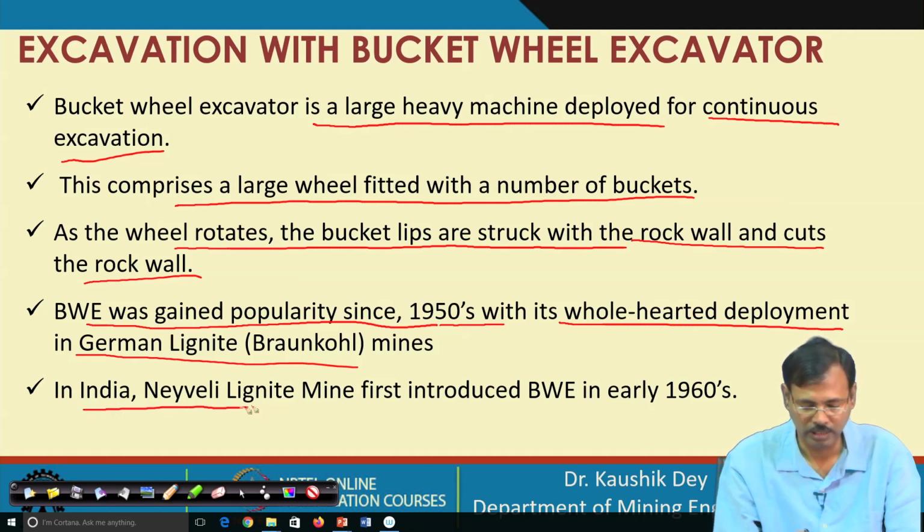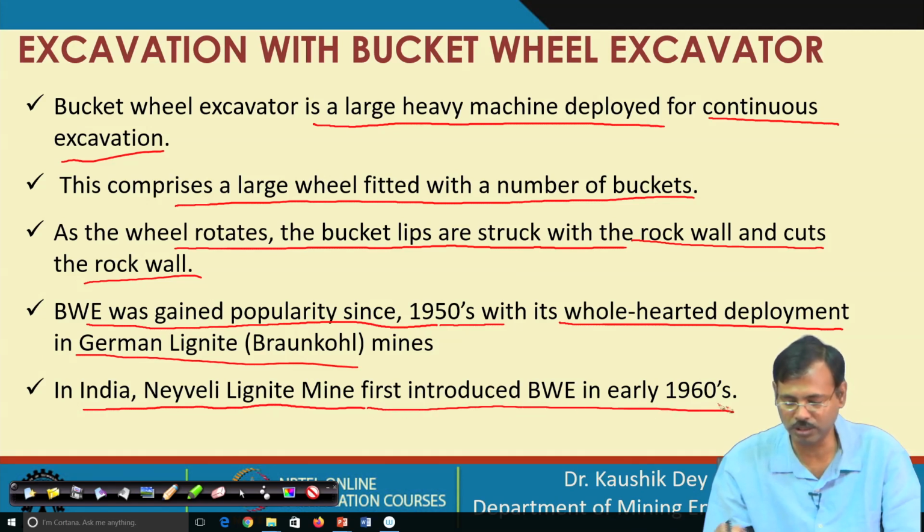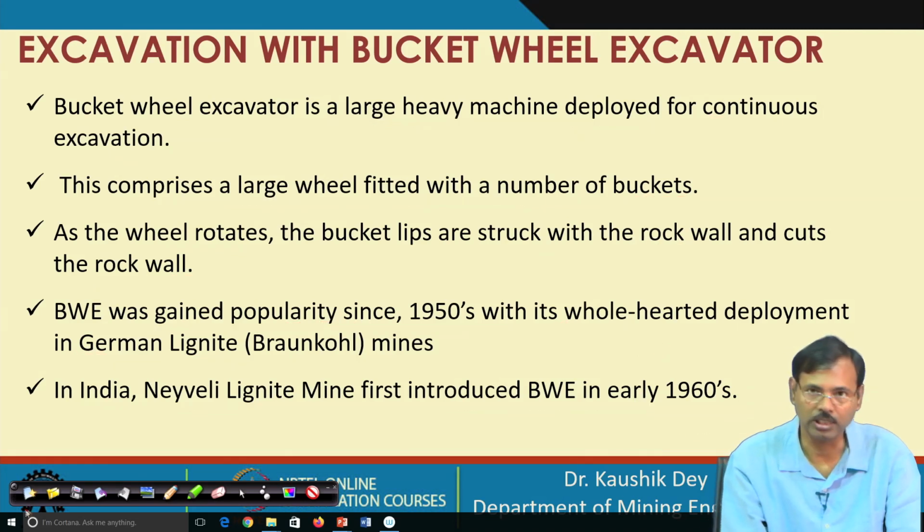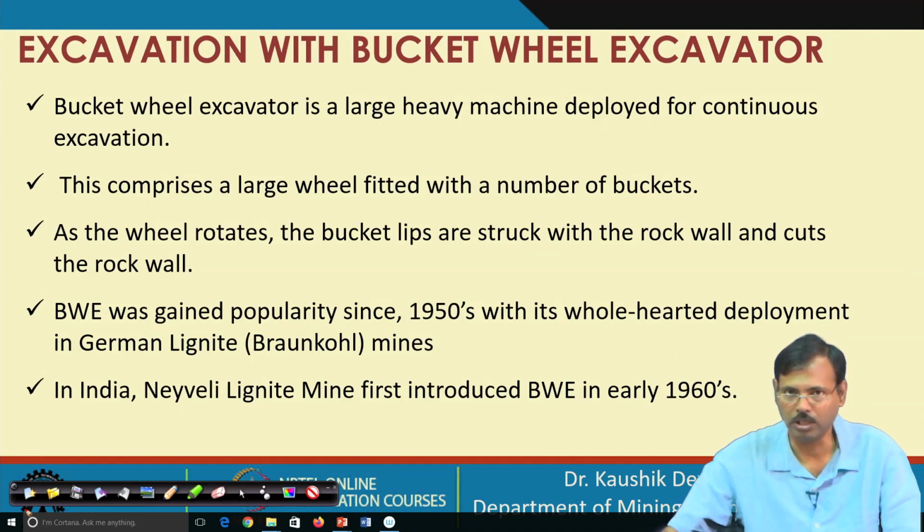In India, the first bucket wheel excavator was introduced in the Neyveli lignite mines, which opened in 1956, and in the early 1960s the bucket wheel excavator was deployed in the mine on the consultation of the German people along with their experience in Germany.